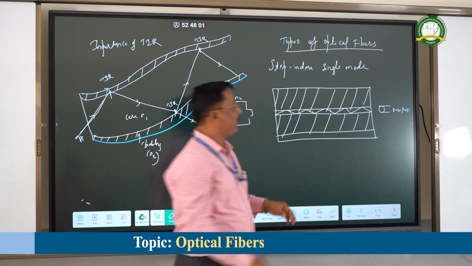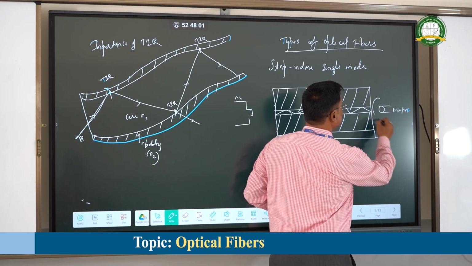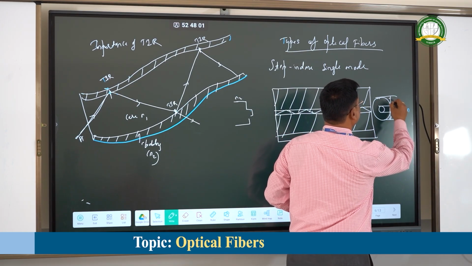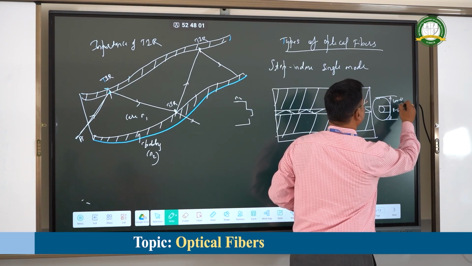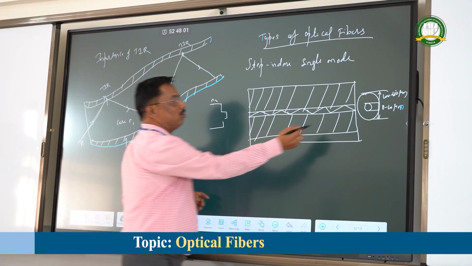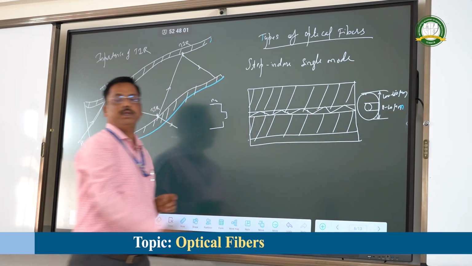The cladding diameter is around 100 to 150 micrometer. Because of the very small core diameter, it supports only a single mode.